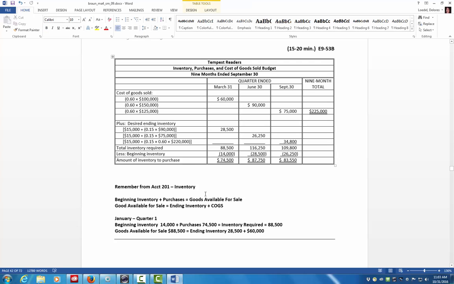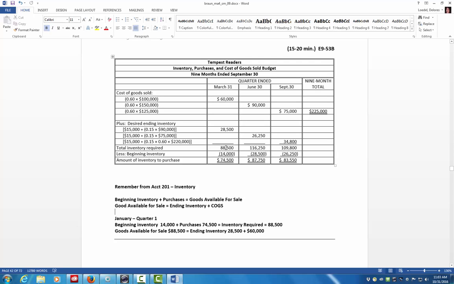Then remember, whatever is available for sale during the period is either going to be sold and become part of our cost of goods sold, or it's going to be in our ending inventory. So goods available for sale equals ending inventory plus cost of goods sold, right? That's what it's showing here.